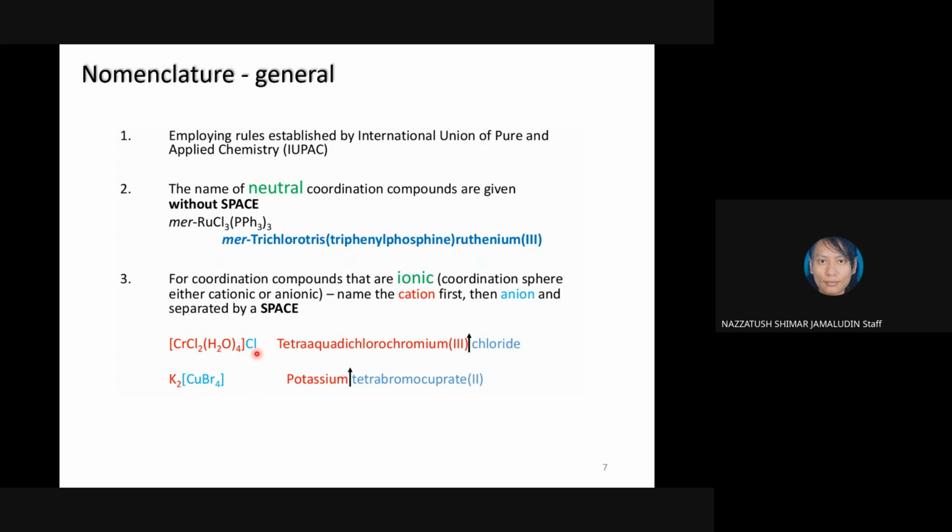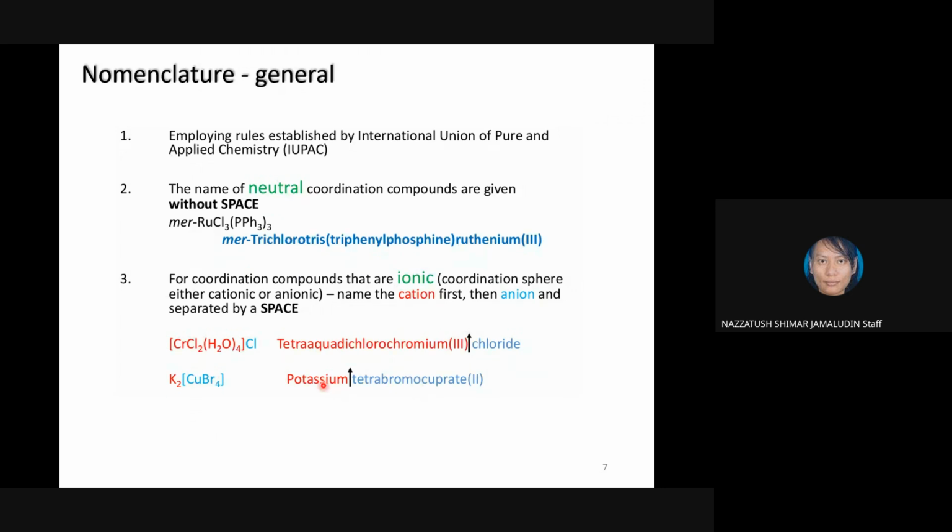The anionic is going to be the same way of naming sodium chloride. It's going to be chloride. Okay, no chloro. Why is it no chloro? Because this chlorine is not the donor atom, is not the ligand in the coordination sphere. This chlorine is anionic. So it carries the name chloride, not chloro.